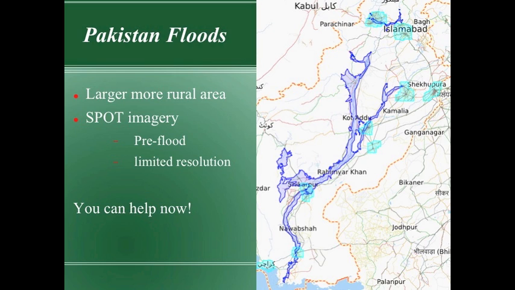And of course, right now in Pakistan there's some terrible flooding happening. This is the situation. We've been given some SPOT imagery, which is the dark blue area you see there. Some cities have Yahoo aerial imagery coverage. You can see that the SPOT imagery is running the full length of Pakistan. It's a really very large area.